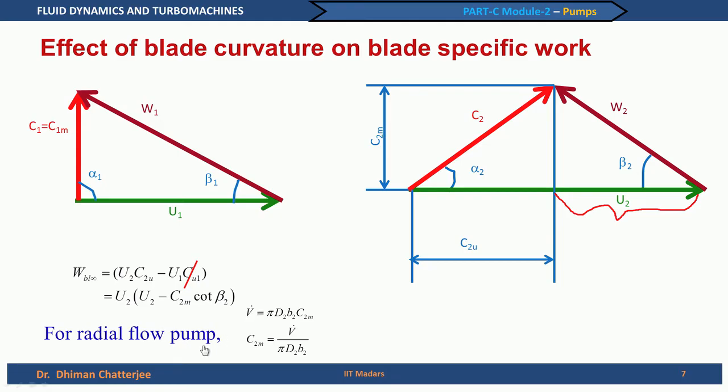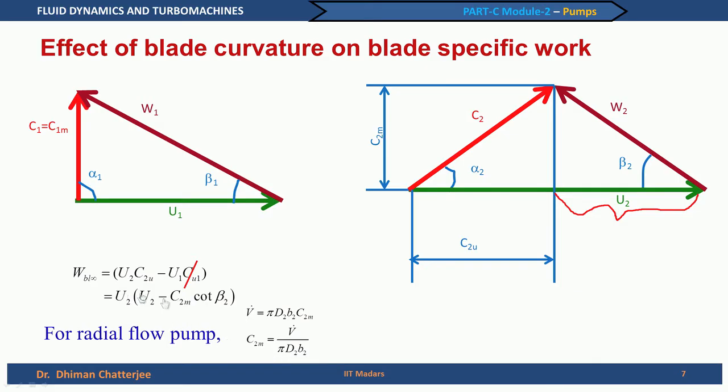For radial flow pump, as I have shown in the last lecture, V dot is nothing but pi d 2 b 2 times C 2 M, or C 2 M can be written in terms of volume flow rate divided by the effective flow area pi d 2 b 2.